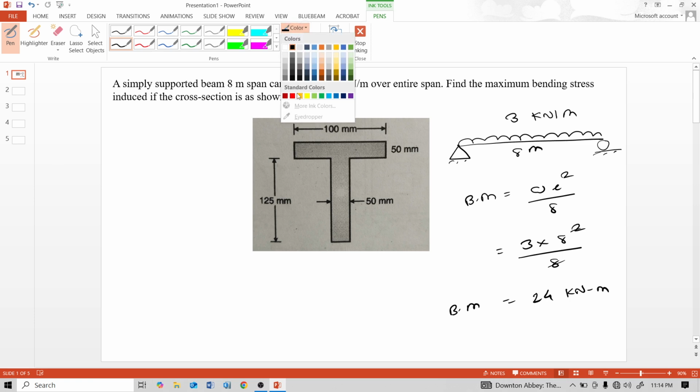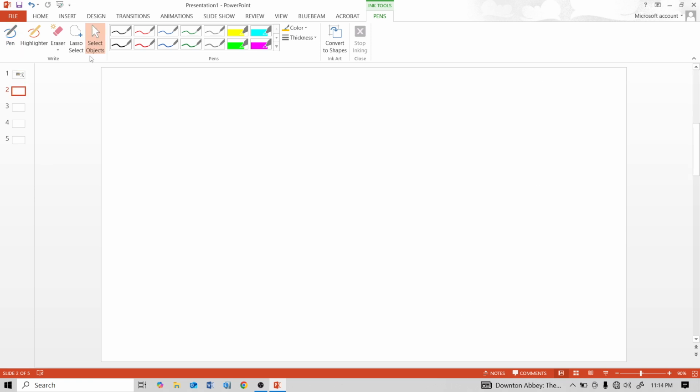Now next, find the centroidal axis of this T beam. To find the centroidal axis of this T beam, use the formula y bar is equal to a1y1 plus a2y2 upon a1 plus a2.